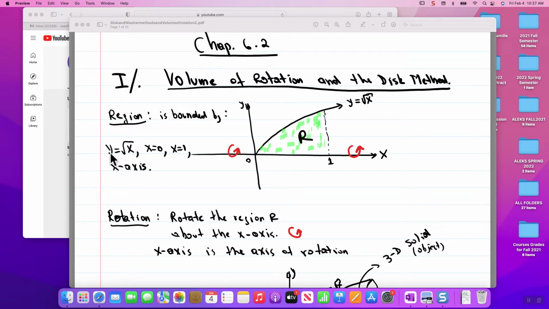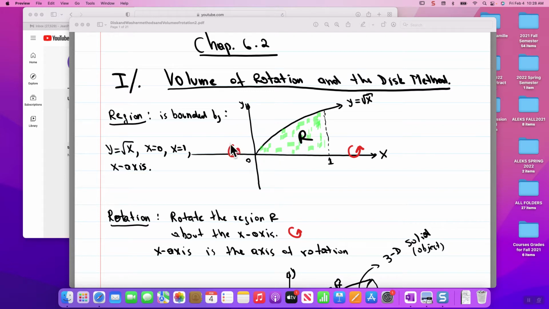When you graph y equals square root of x, this is the curve you see, and x equals 0 is right here, and x equals 1 is this vertical line, and the x-axis is this x-axis. So all four combined give us this region R.